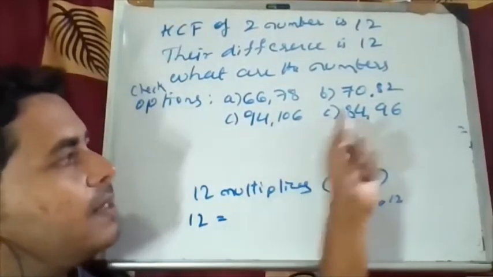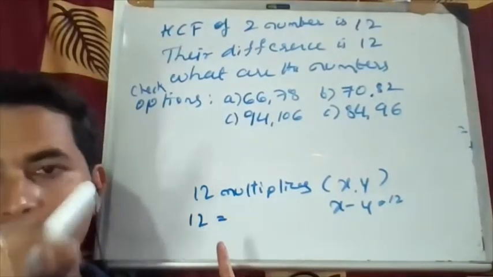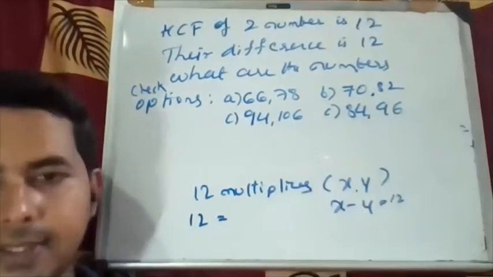Which will divide? 84. 12 7s are 84, and 12 8s are 96.